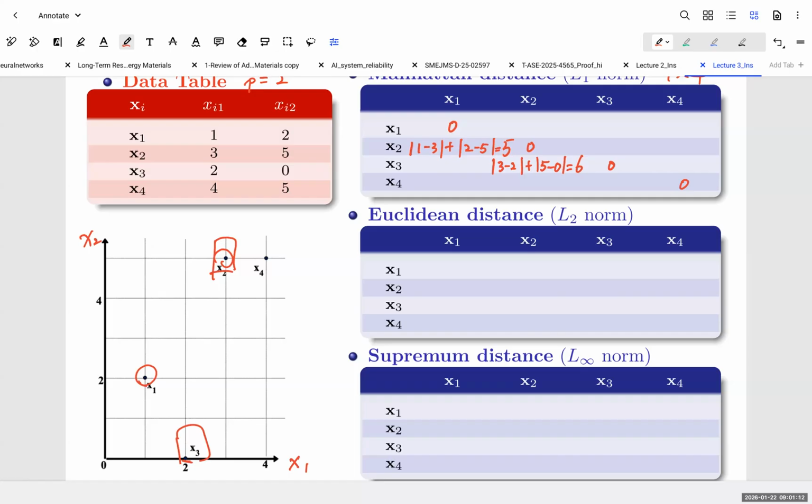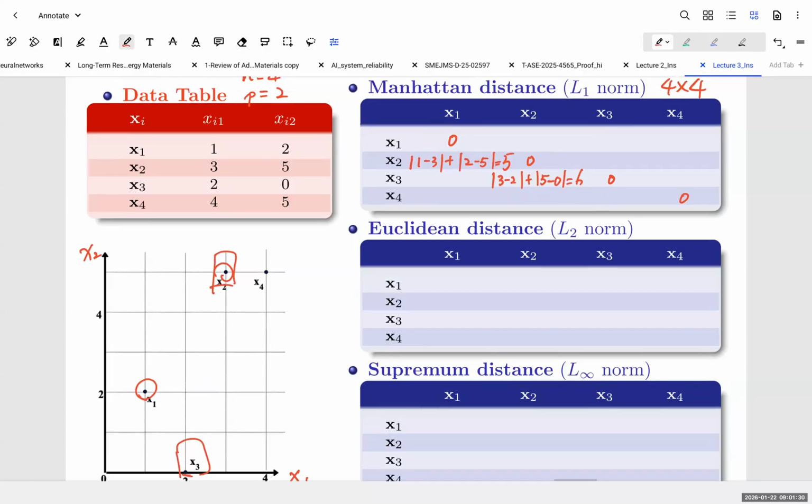Okay, and for x3 and x4, that will be 0 minus... 2 minus 4 plus 0 minus 5. This result is even higher.